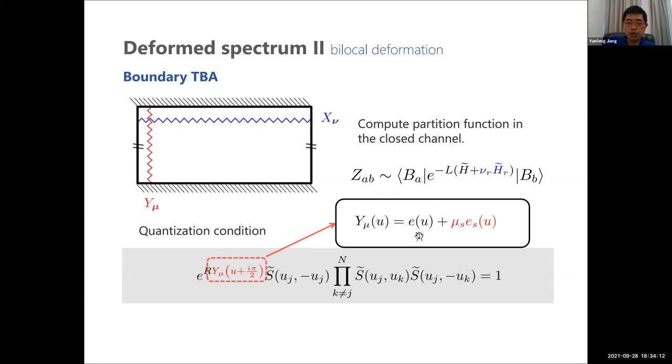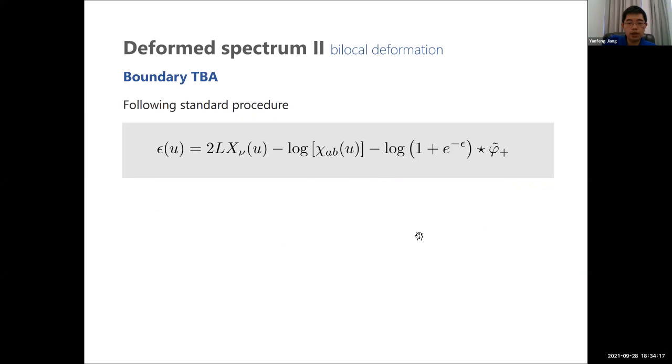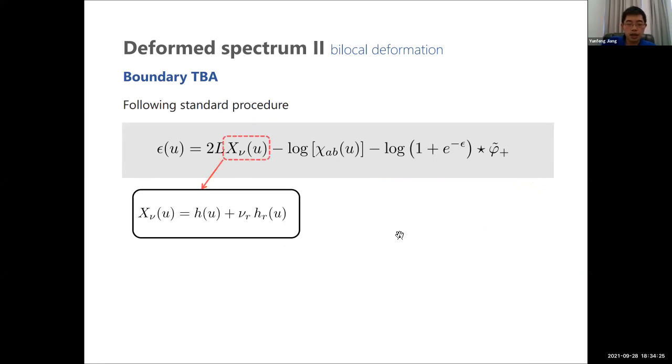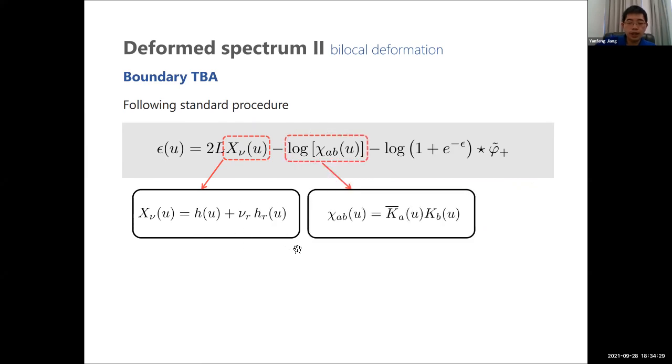Due to the time limit, I will skip most of the details. After following the standard procedure, you can write down the boundary TBA equation. Here the driving term is affected by this twist, and this driving term comes from the boundary S-matrices, which is related to this K.